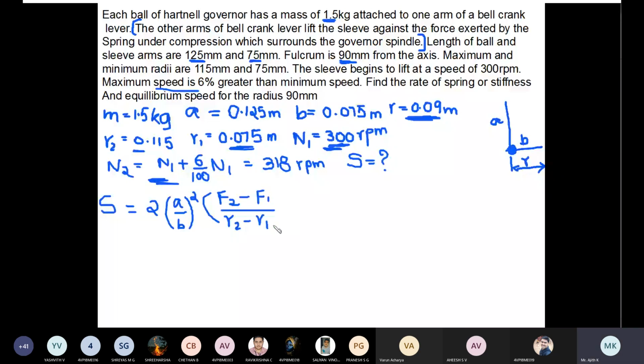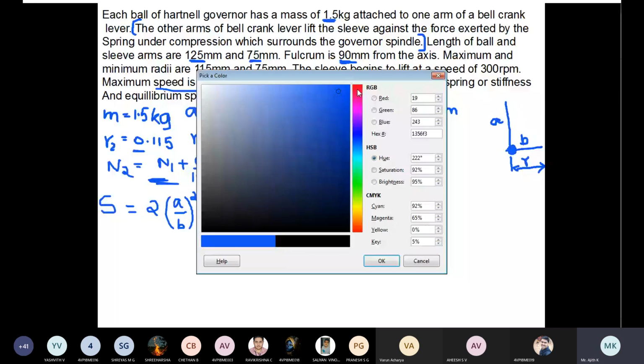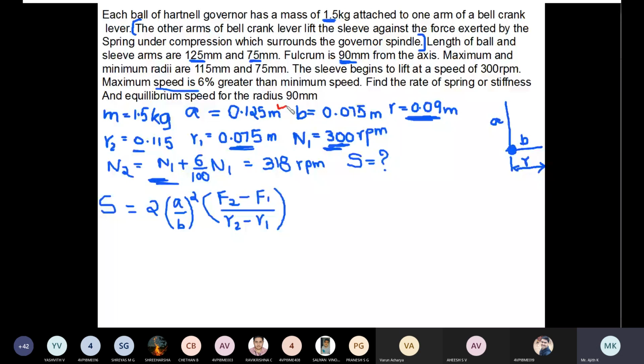In this equation, the values of a and b are given, and R2 and R1 values are given. F1 and F2 values are pending. You can calculate the values of F1 and F2.